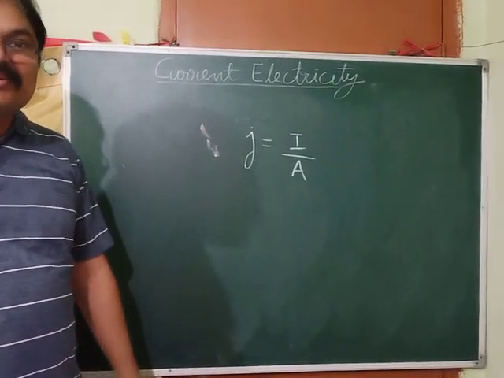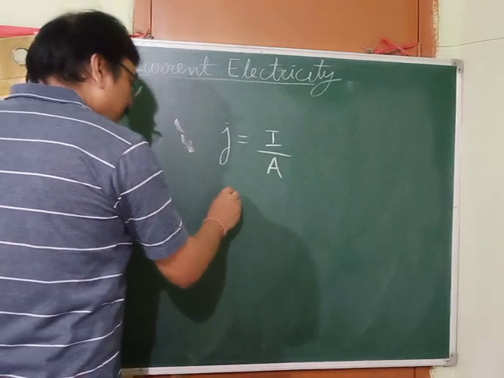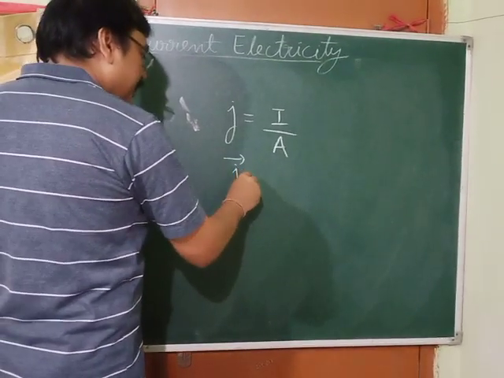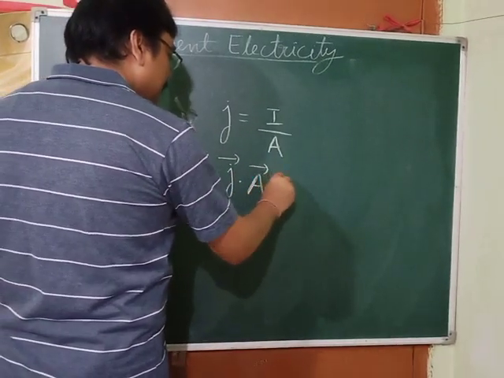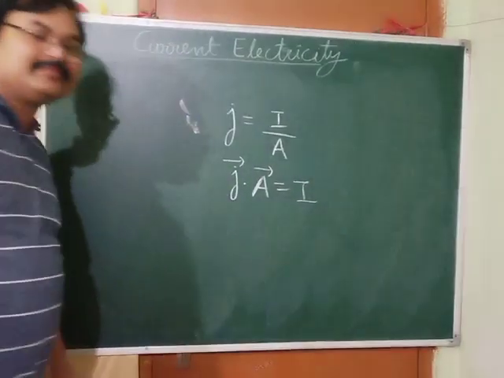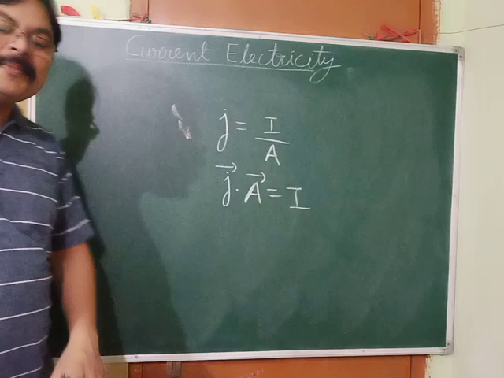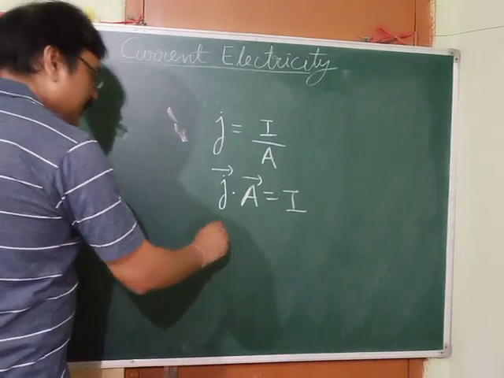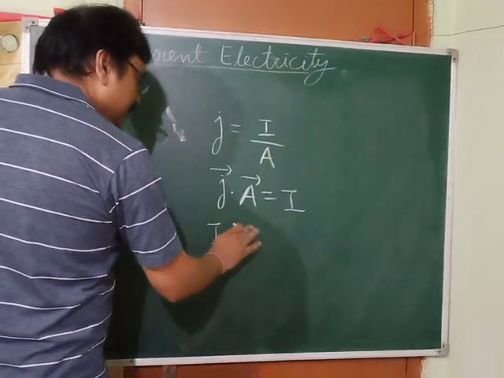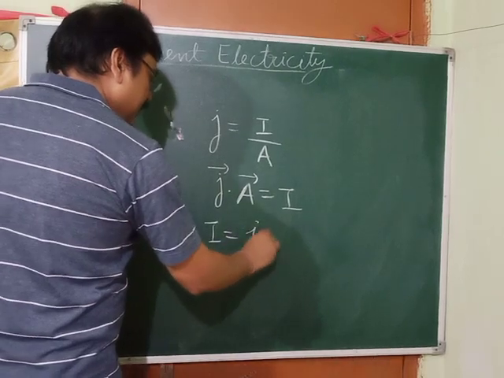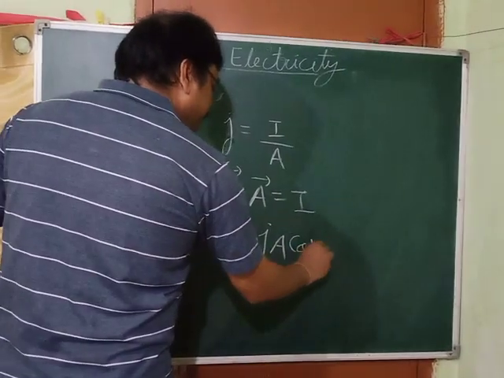It is not possible. But the fact is this: J dot A is equals to I. Now it is possible. Dot product of two vectors gives us a scalar. So what we can write from here? I is equals to J A cos theta.